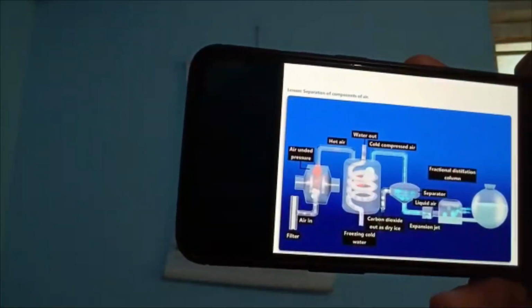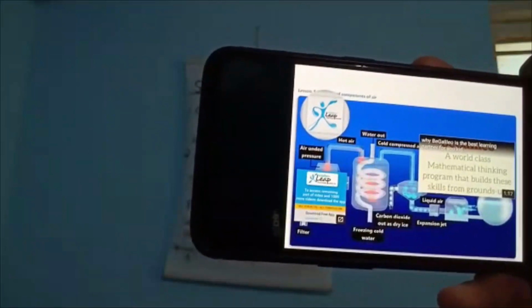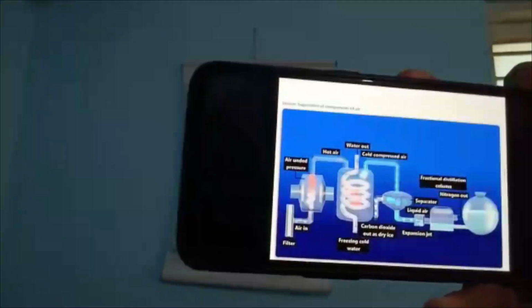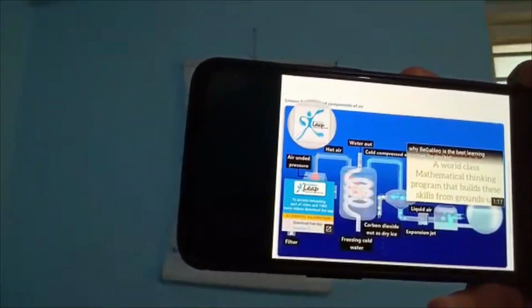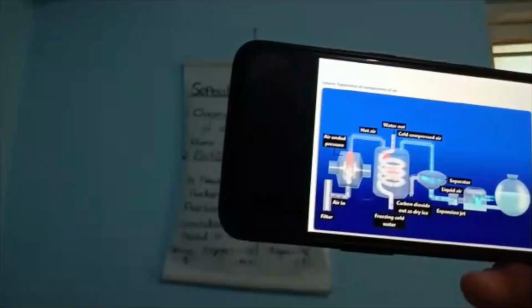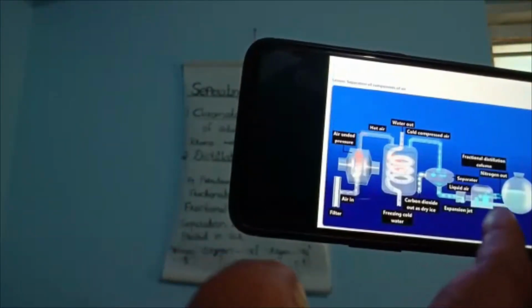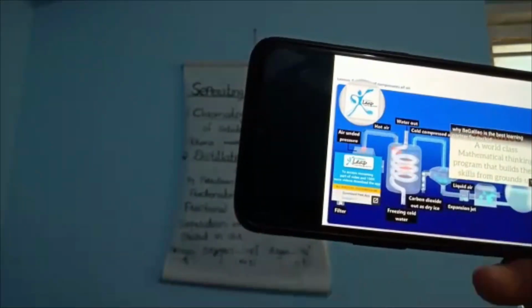After that, oxygen has a higher boiling point. The boiling point of oxygen is minus 183 degrees Celsius, and it quickly liquefies and the liquid oxygen is collected and separated in this last part.